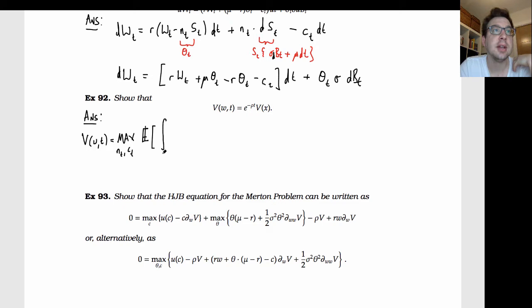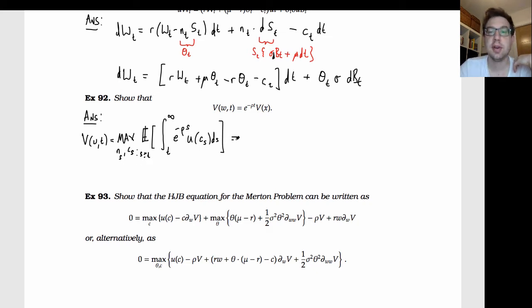So I'm going to get an integral from t to infinity of e to the minus rho s, because we've got a slightly different time here, u of c of s ds. If I'm being really rigorous, this should be an s as well. What you can notice is I can apply a slight shift in time, and the values of s here should be bigger than t.